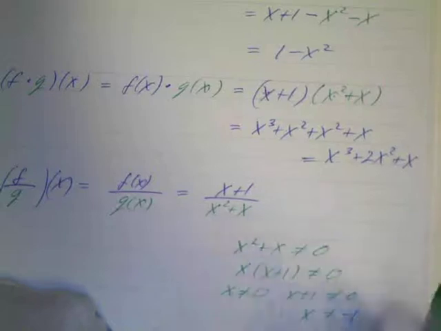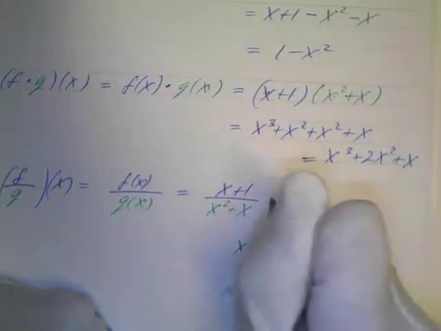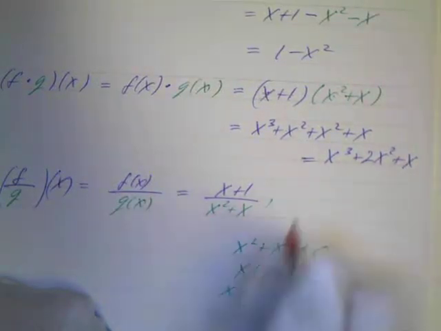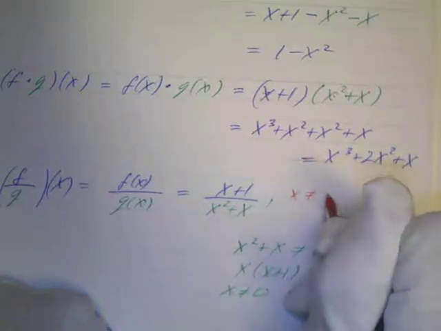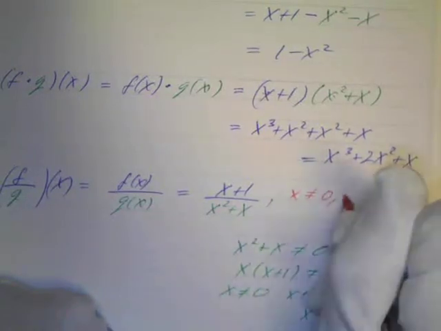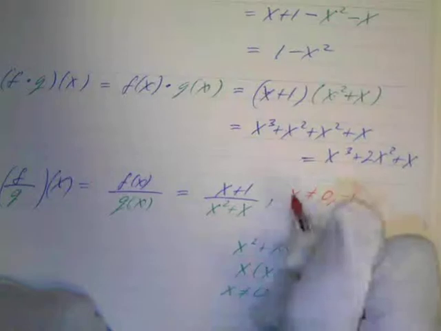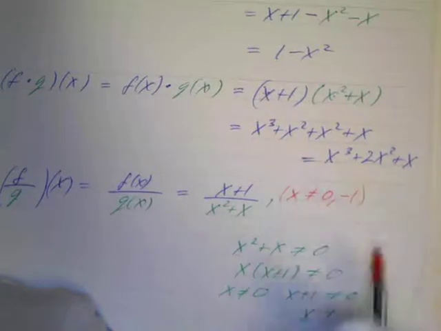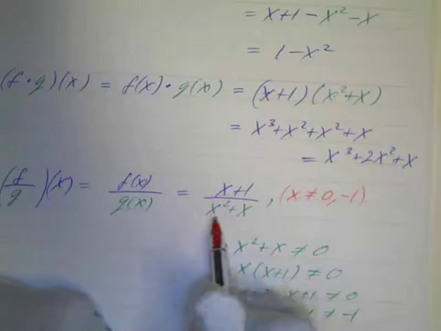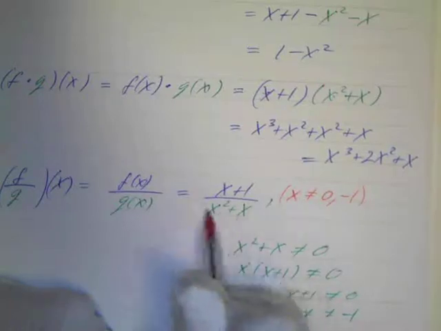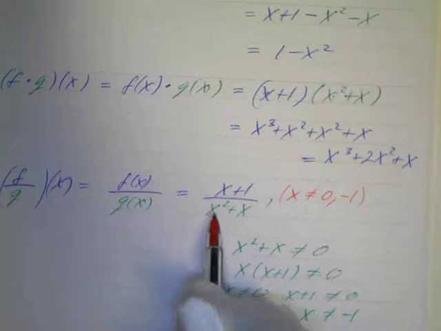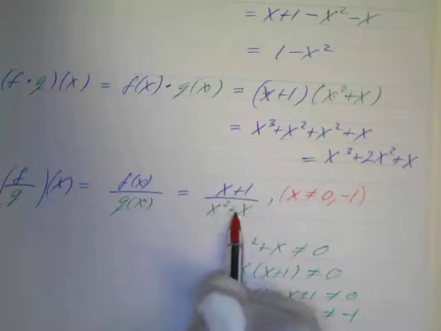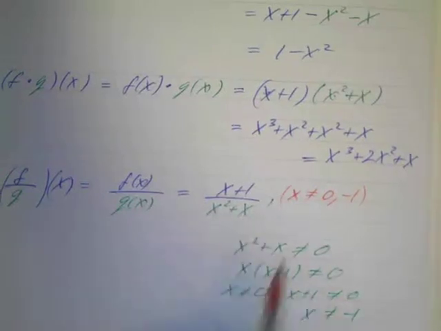So the restrictions on the domain would be that x cannot equal 0 or negative 1. Sometimes we put parentheses around the restrictions on the domain. In other words, if x is 0, 0 plus 0 is 0, and we have 0 in the denominator, that's a no-no. And if x is negative 1, well, negative 1 squared is 1, plus negative 1 is 0, we'd have 0 in the denominator.